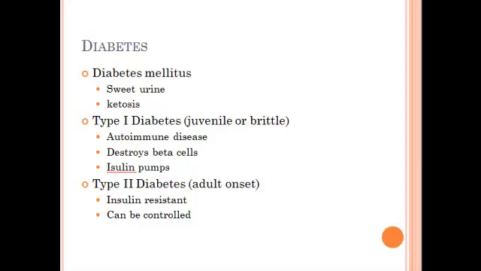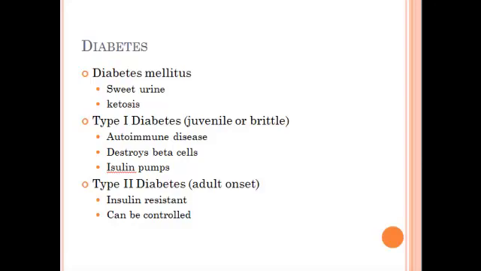Today they have little pumps that they carry around that constantly monitor and release insulin depending on the amount of glucose inside the blood. Someone with type 1 diabetes will usually be very skinny, and this can be the more difficult of the two types to deal with.